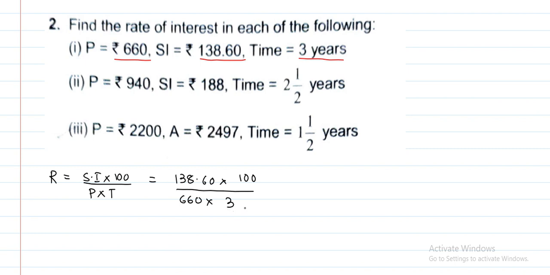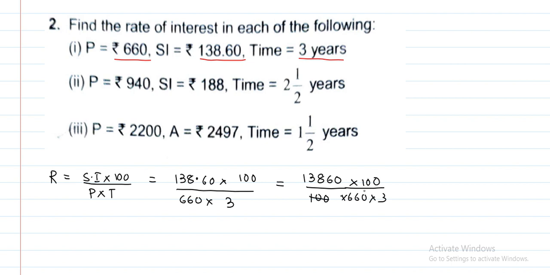Now we will cancel, but before cancelling we will remove the decimal. We write 13860 divided by 100, since two decimal places are there. To remove the decimals we divide by 100. Next, into 100 by 660 into 3.